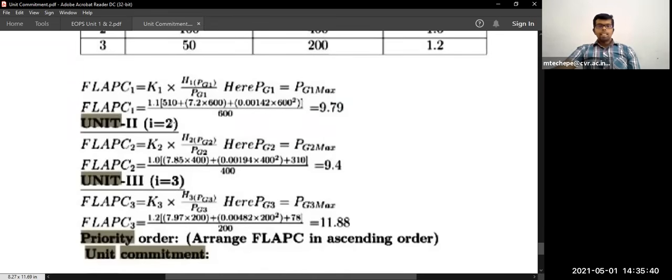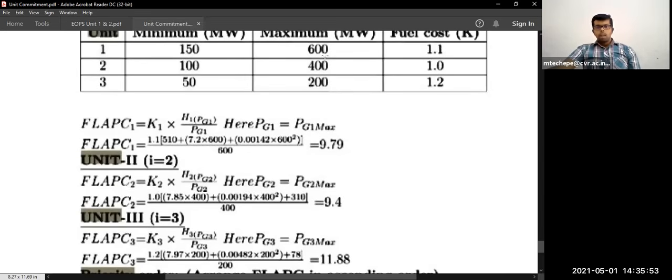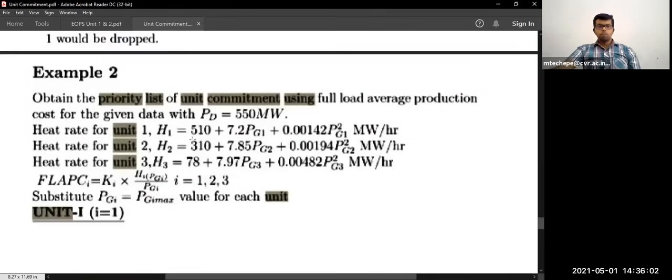Next for generating unit 2, that is for i is equal to 2, we have to calculate FLAPC 2. That is nothing but K2 into H2 of Pg2 divided by Pg2, substituting Pg2 as Pg2 maximum. What is Pg2 maximum over here? From this table, Pg2 maximum is 400.